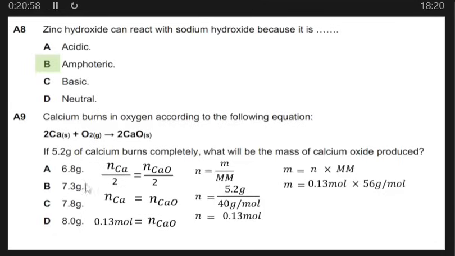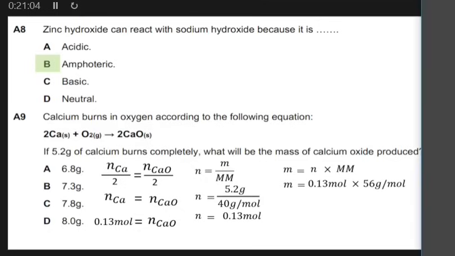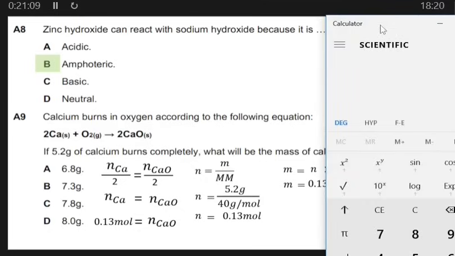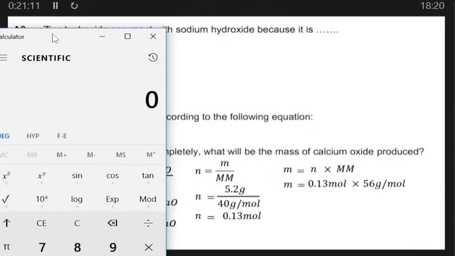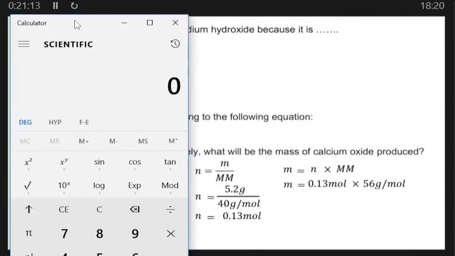Why 56? What you should know here is that calcium has a molar mass of 40.